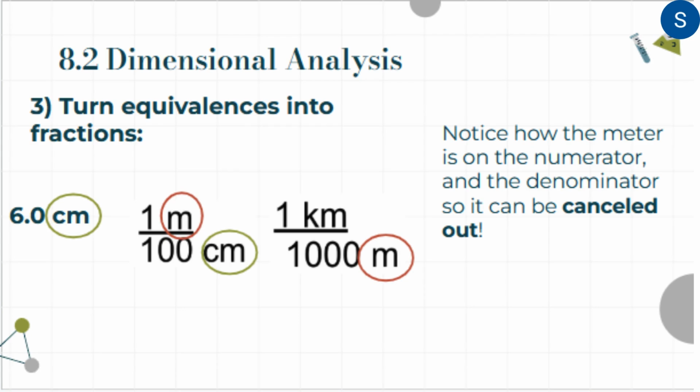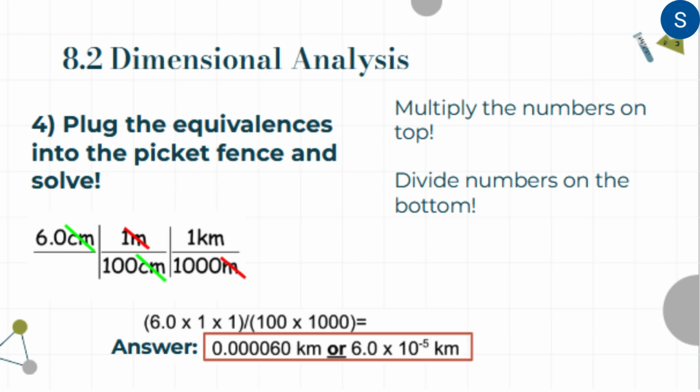This means we cancel out centimeters and end up with just meters. Next, we write 1 kilometer over 1,000 meters because we are trying to cancel the meter values to end up with kilometers. The meters circled in red will cancel out and leave us with the final result of kilometers, which is what we want.